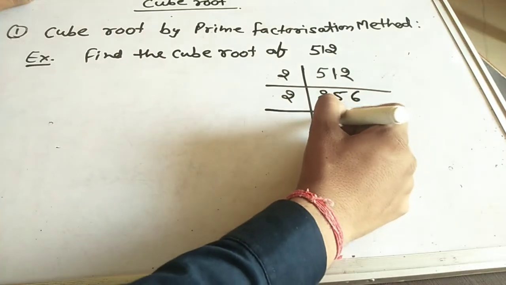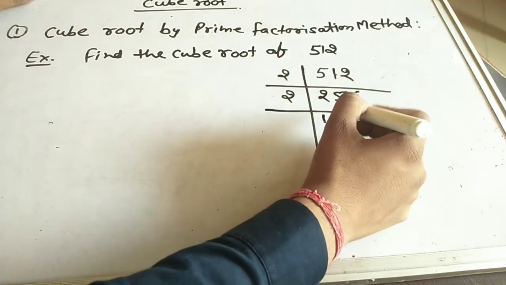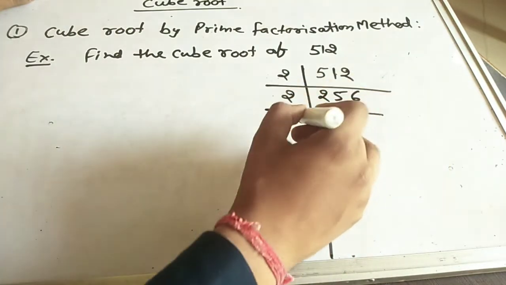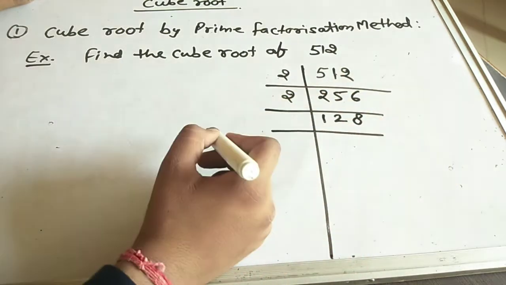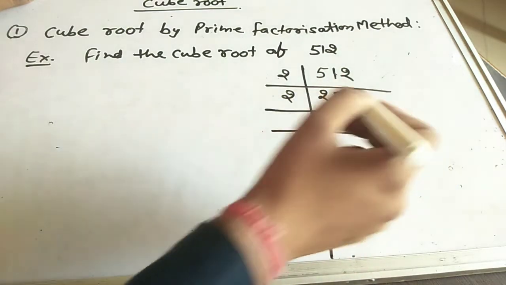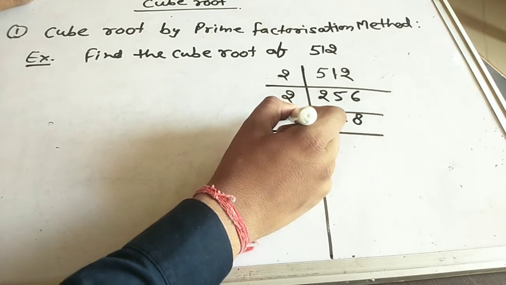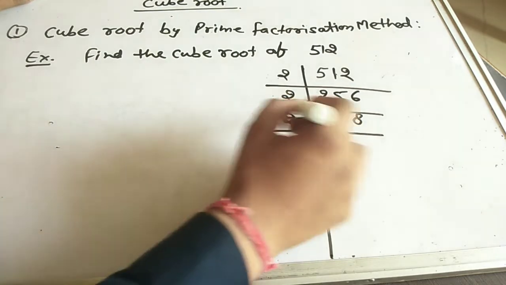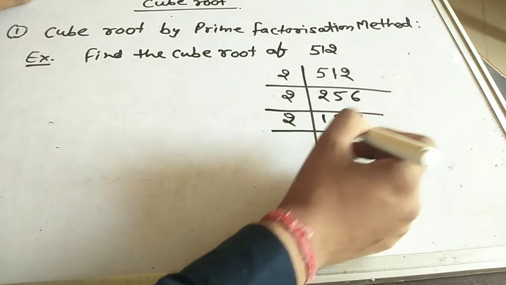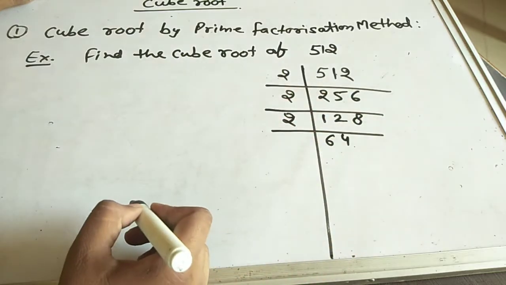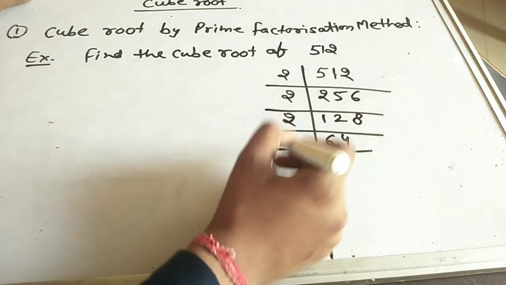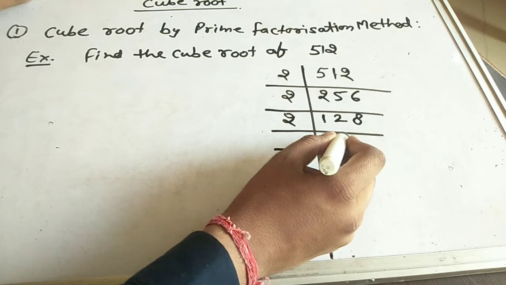So we get 128. 128, it is also divisible by 2. Okay. So we get 64.